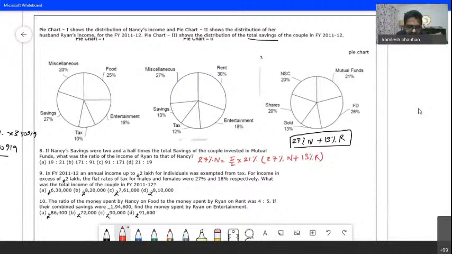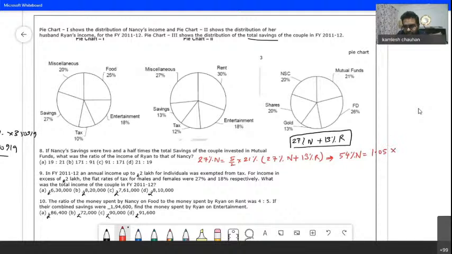Everyone clear what we are doing here? Now we are just supposed to calculate. We can write 54% of n is equal to 105. Now we can write it as 105, 0.5 because divided by 100 is there.